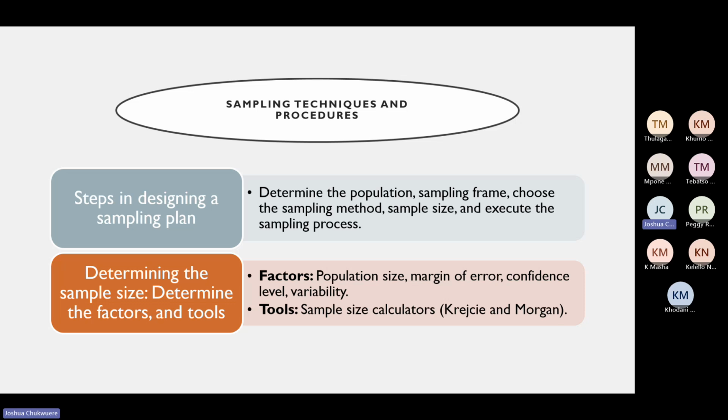That is where the sample size comes in. And for you to be able to get your sample size, you need the sample size calculator. There are different kinds of sample size calculators, or figures, or tables that are there. But one of them is Krejcie and Morgan. These two guys wrote a paper in 1970 that provided a table of total population and sample size.